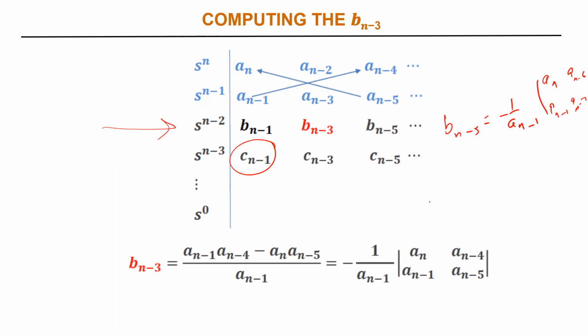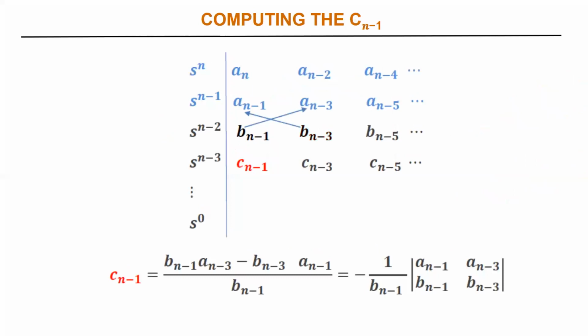It will be exactly c_(n-1) equal to minus 1 over b_(n-1) times the determinant of those two rows: a_(n-1), b_(n-1), and a_(n-3), b_(n-3). And this, Doctor, can be programmed. Yes, you can, definitely.